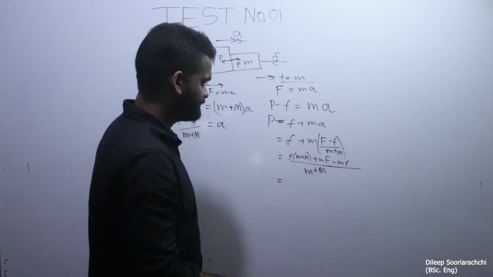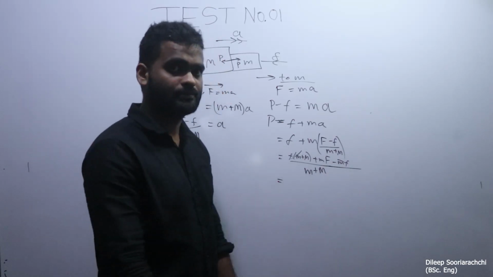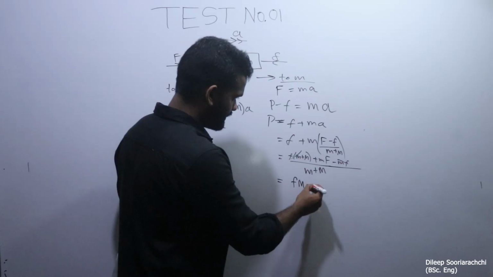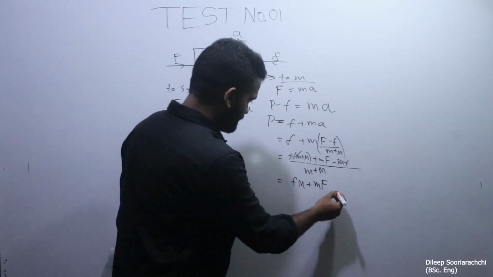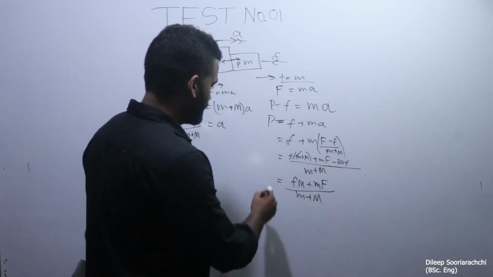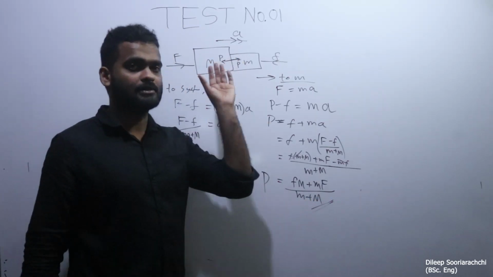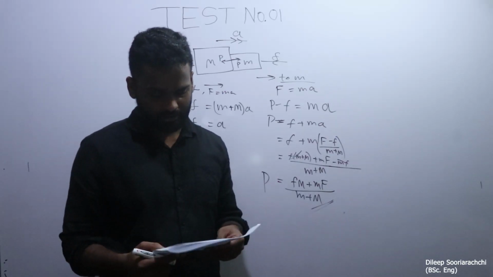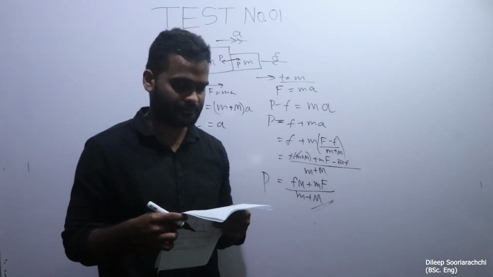As you can see, this plus fm and minus fm cancels off. So what you get is simple f capital M plus simple m capital F divided by simple m plus capital M. Okay, so this is the normal reaction between the masses capital M and simple m. So the answer for that one should be the third one.